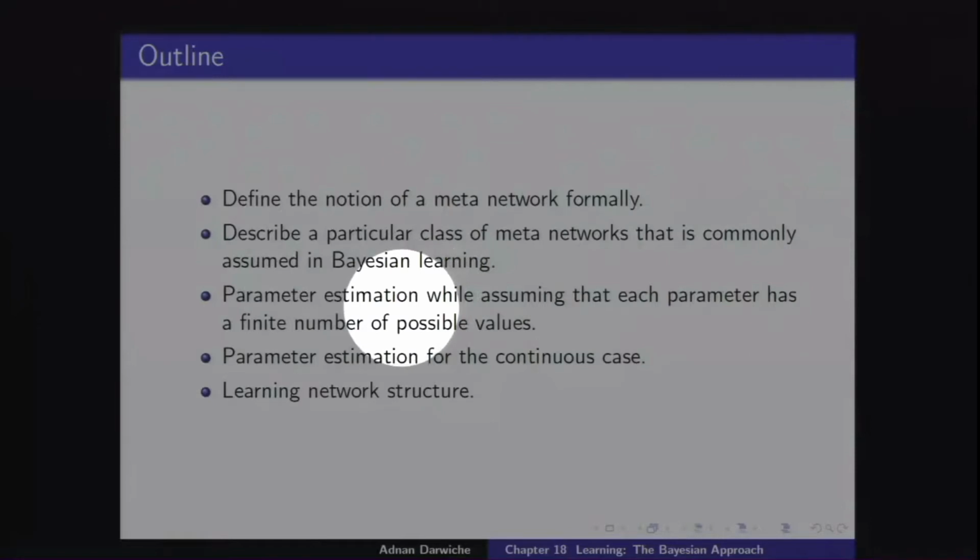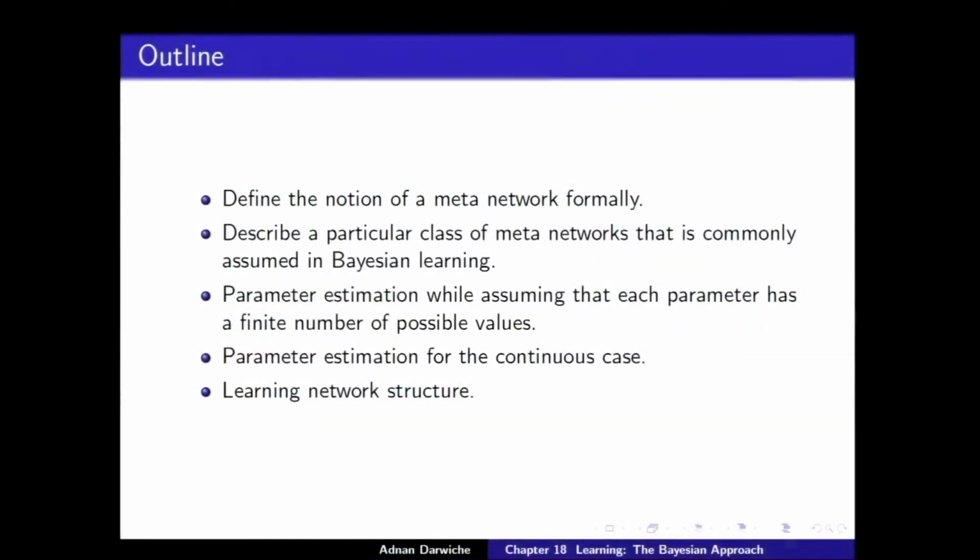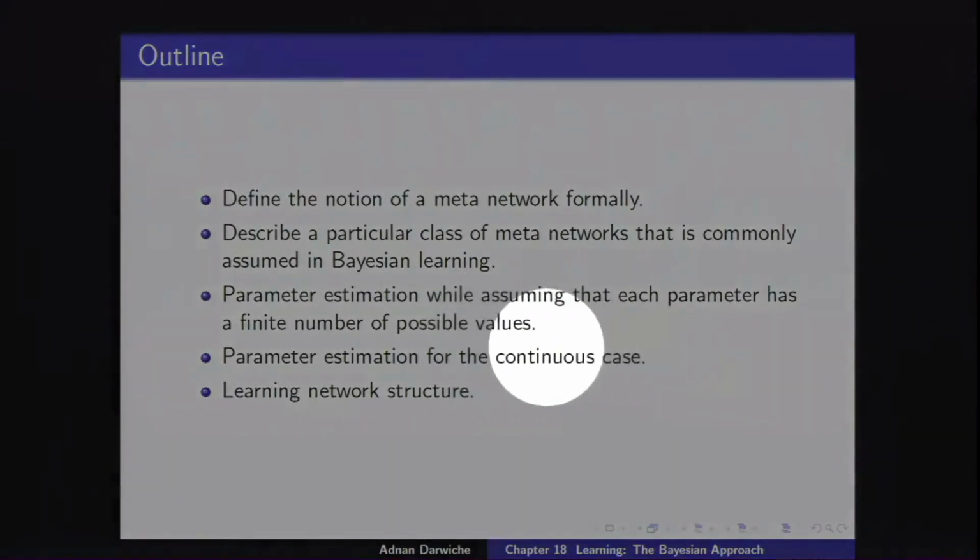The beauty of Bayesian learning is you could do more with it and build different types of meta-networks. And then we will do parameter estimation while assuming that each parameter has a finite number of possible values, which is like what we did today. Next time, we will do it when we assume that we have an infinite number, or what we call the continuous case, which is the more common one and the one you will see in textbooks.